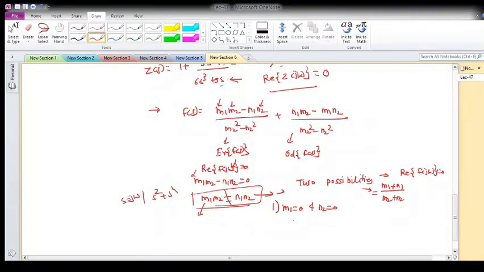So m1 is 0 and n2 is 0, or the second possibility is that the odd part of the numerator is 0 and the even part of the denominator is 0. But if n1 is also 0 and n2 is also 0, then ultimately your LC impedance will be 0, so no function exists there.